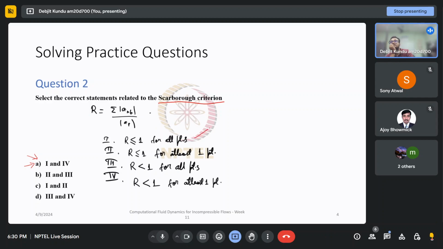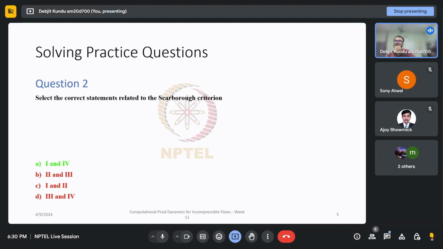So A means 1 and 4. Okay, so let's have a look at the solution. It is actually option 1.